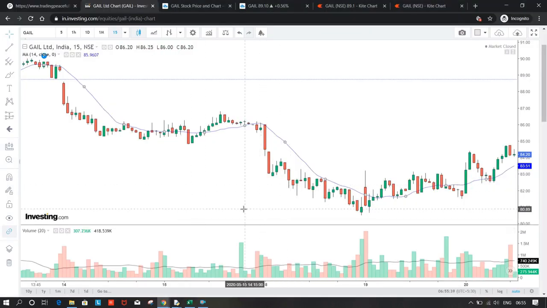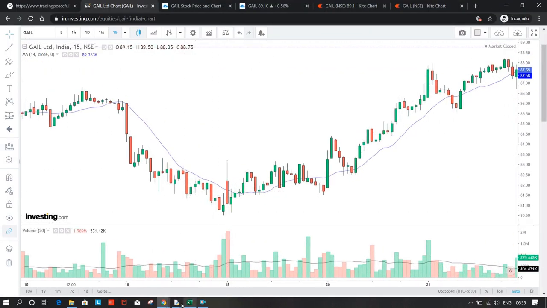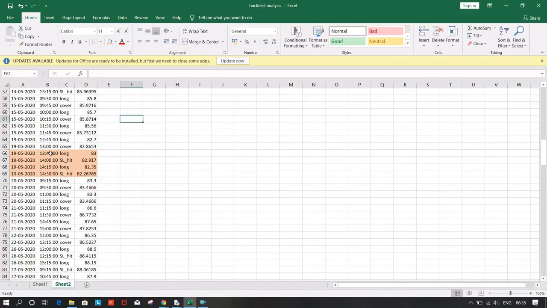So on 19th here it is, the first trade where we went wrong was at 1:45, then next was at 2:15.